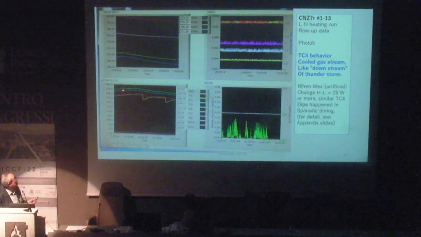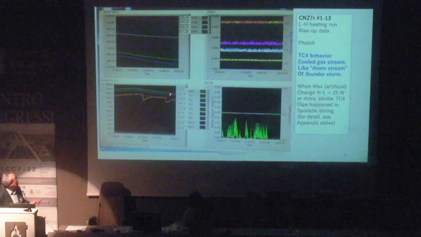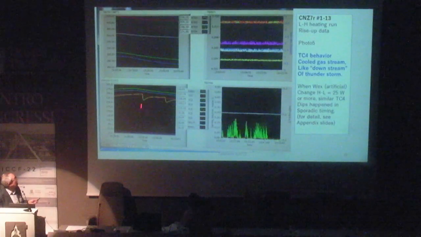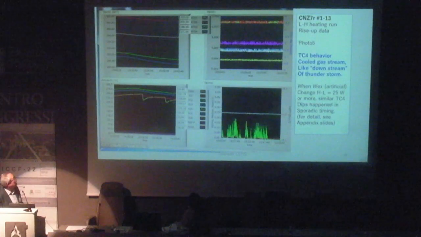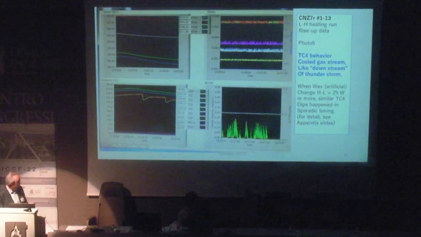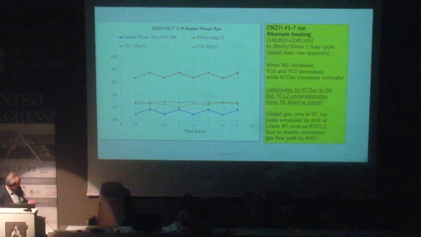This is a case of power going down. Very strange, a negative spike happens in the outer flange temperature. And we found later this is a kind of gas turbulence effect inside the reaction chamber. Under this kind of effect, when we increase the heater power, the oil outlet temperature apparently decreases.